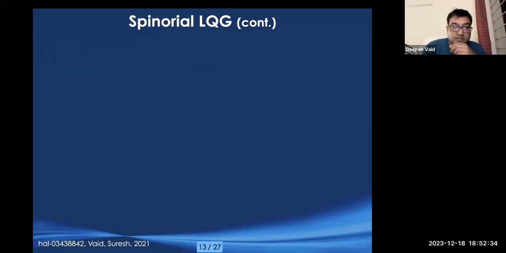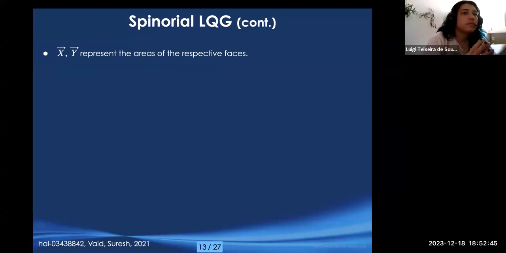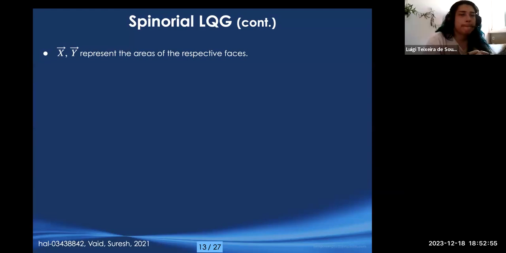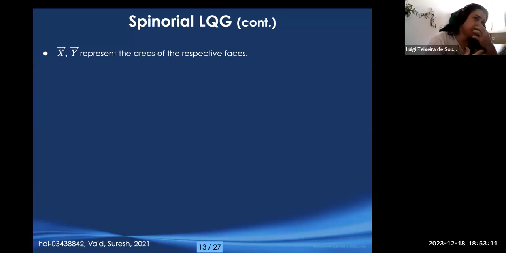But now here's the one thing. Imagine you are building up geometry by taking these edges and these faces. So you want to be able to glue the faces together in some way. In order to glue them, there has to be some matching condition which is satisfied. One matching condition is that the area should be the same, because if the area is not the same, you can't glue them together.